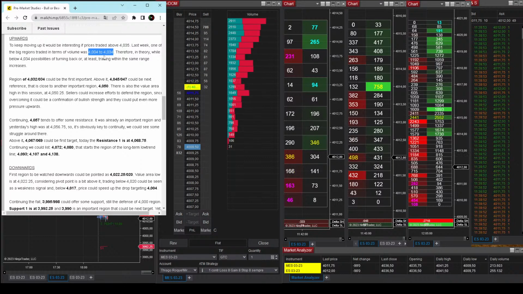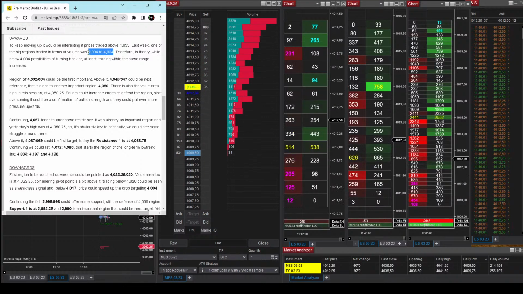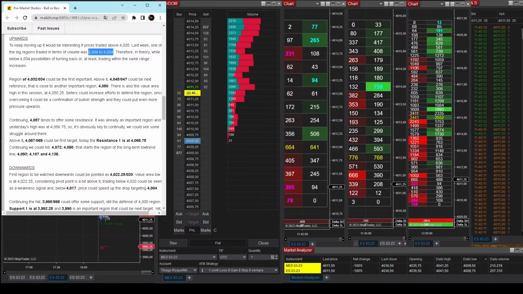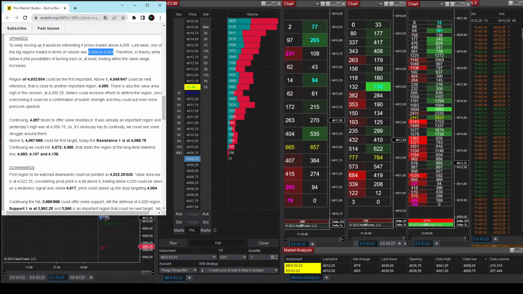It would be important to trade above the 40.34, and not trading below it. So we could see price get sideways within this region. Does not mean that it would fall below this.